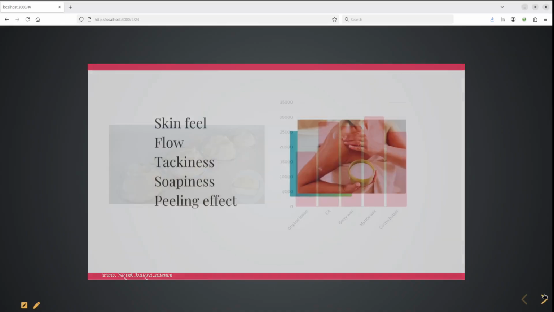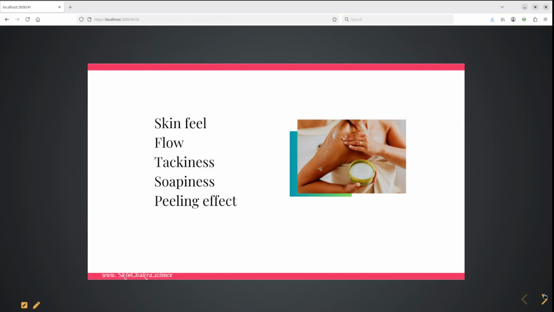At the end of the day, what you need with an emulsion is the skin feel, the flow, the lack of tackiness, lack of soapiness, and lack of peeling effect.